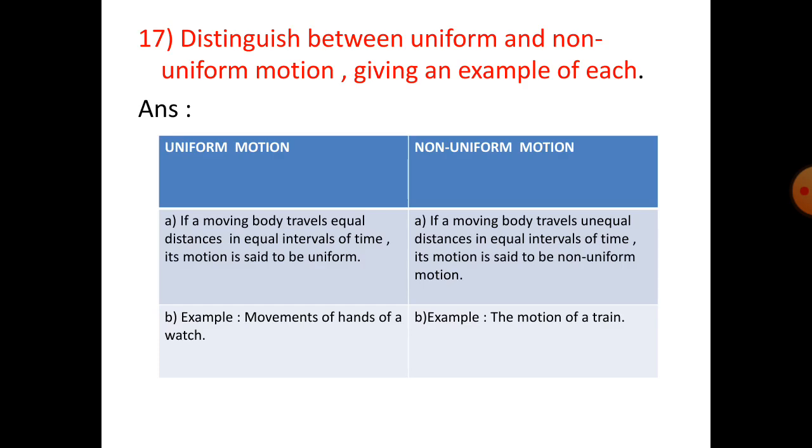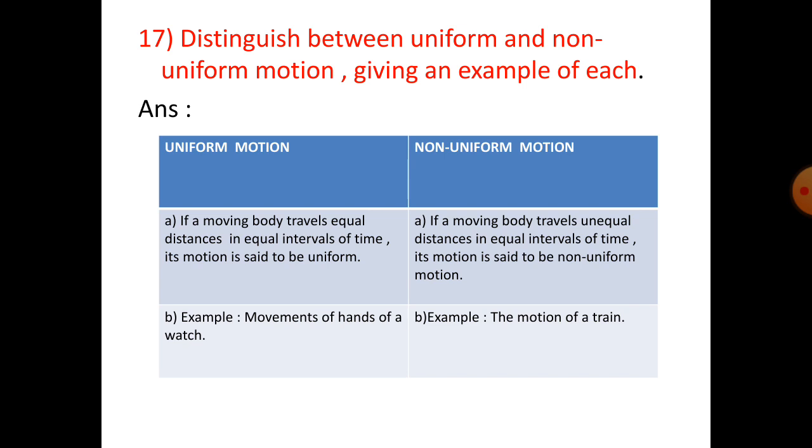Number 17. Distinguish between uniform and non-uniform motion, giving an example of each. So you will make two columns. One side you will write uniform motion and another side you will write non-uniform motion. Under uniform motion, the first point is, if a moving body travels equal distances in equal intervals of time, its motion is said to be uniform.